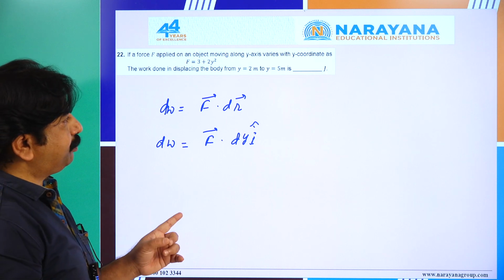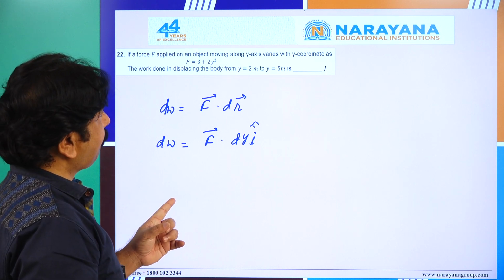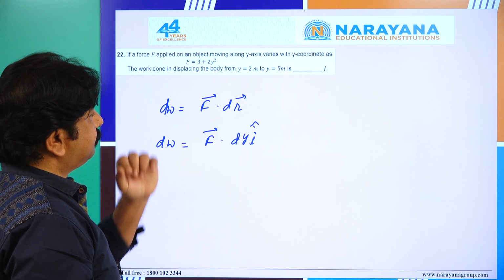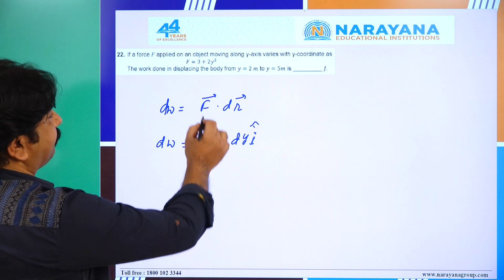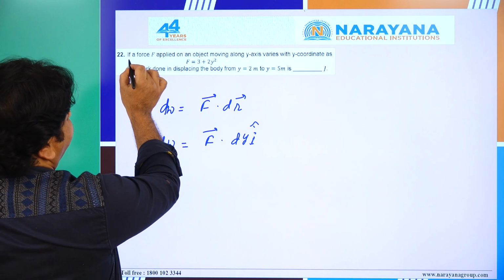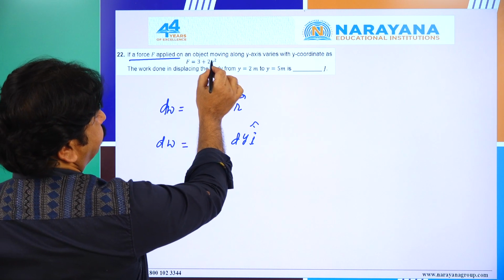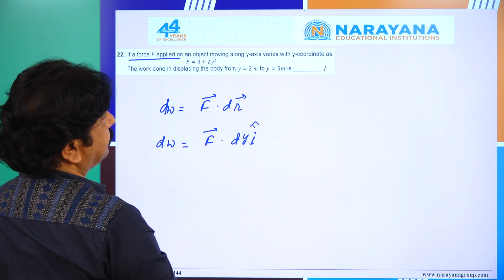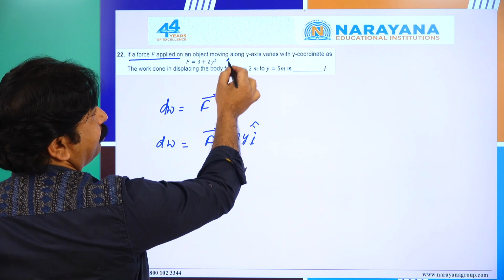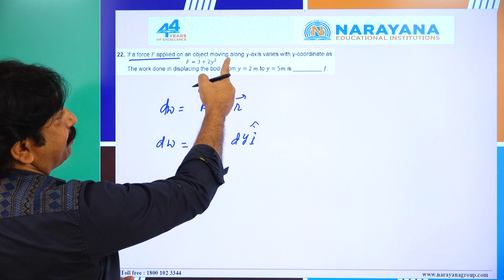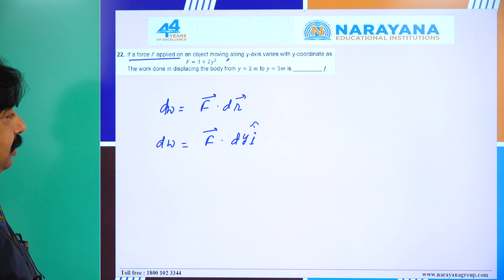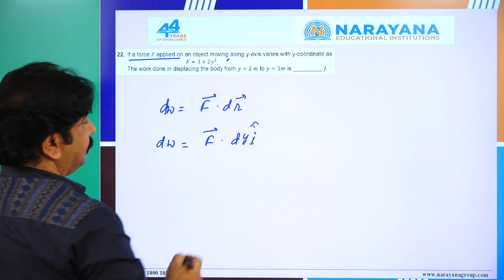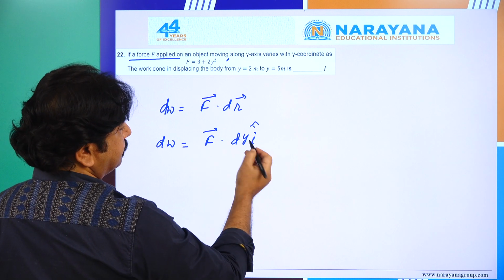But the most important point is that we know the limits of y only, and the direction of F bar is important. Force F is applied on an object moving along the y-axis, which means the force is applied along the y-axis, so we can consider it as per the statement.